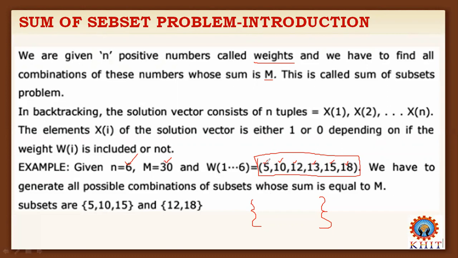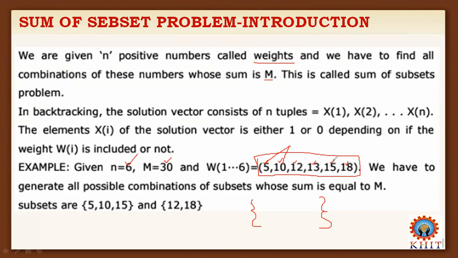Suppose I take the weightage of the first item, which is 5. Then I select the second element of weight 10.